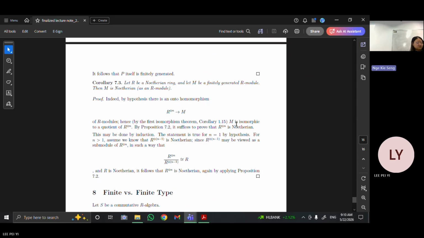The case n equal to 1 follows because R itself is Noetherian.